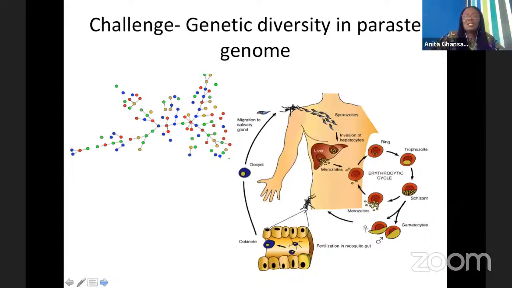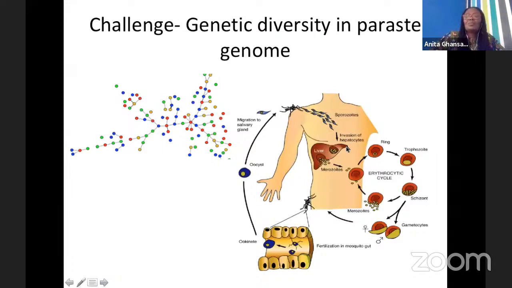But the challenge is the extensive genetic diversity in the parasite genome. So you see how diverse the parasite can look. And for the malaria parasite, there are many levels. From the mosquito stage, it adapts in the mosquito through diversity, and then it moves into the liver stage of the individual.